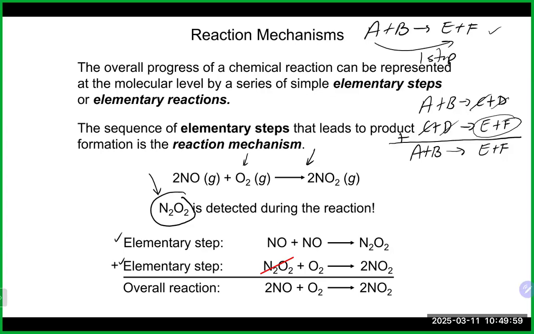So possibly what could happen is maybe these two NOs make that N2O2, which is why maybe it was detected. And in the next step, it is then used to make our products, which is why it's not there in the overall reaction. The N2O2 would be considered an intermediate in this case, as it gets used up in this reaction and is not present in the overall reaction.